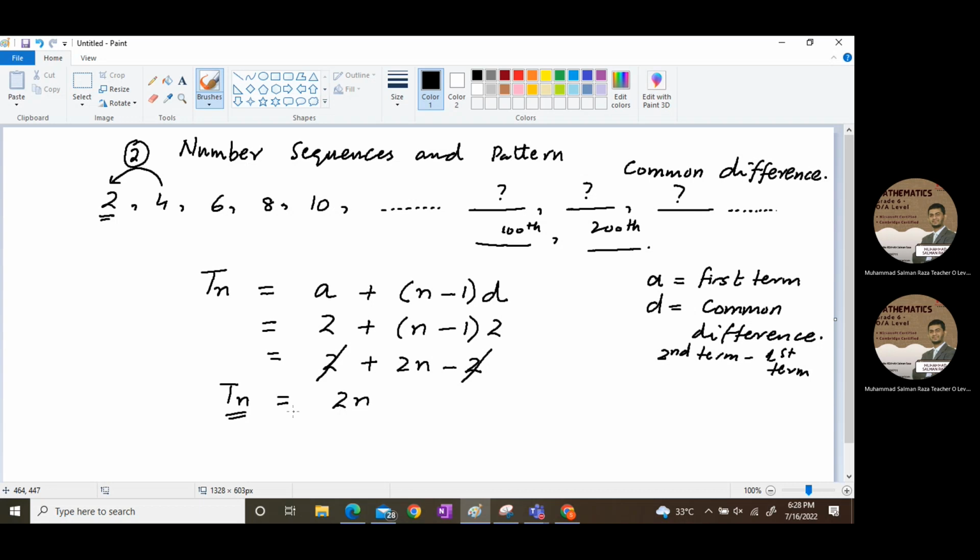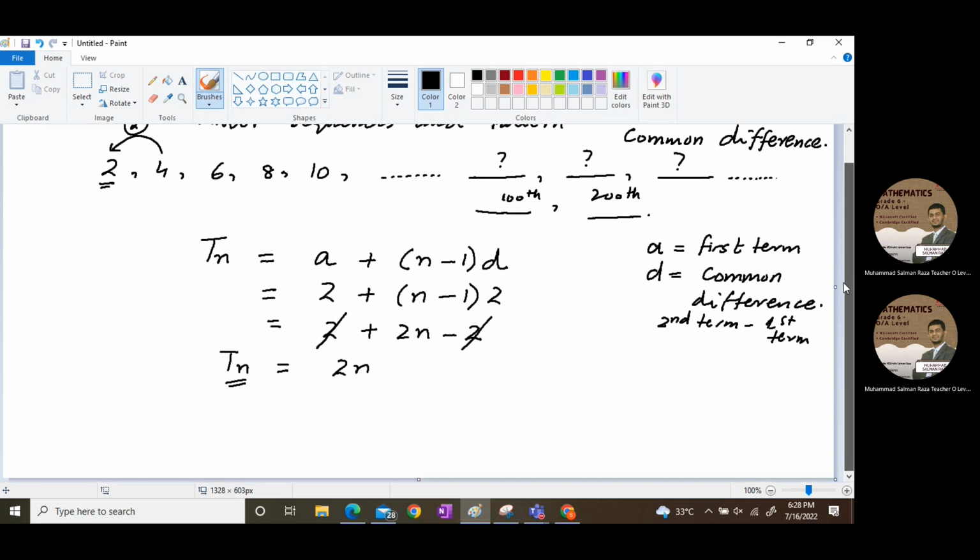Now, how do we say that our formula is working right here? So I am going to put 1 over here in order to find out what is my first number. So it's 2, and you can see it's 2.